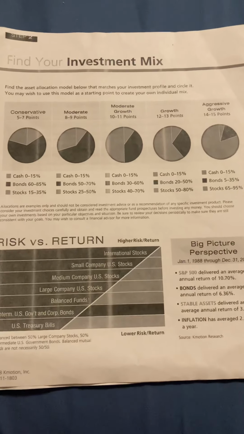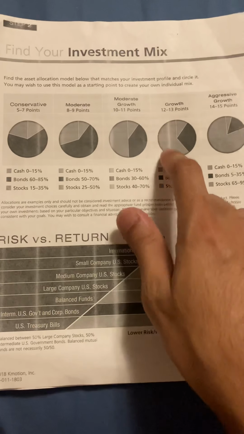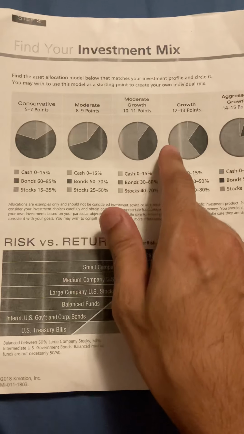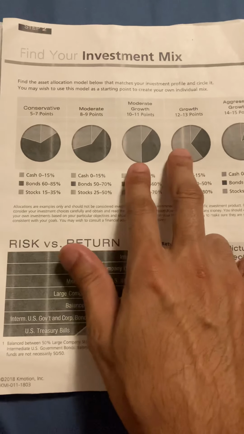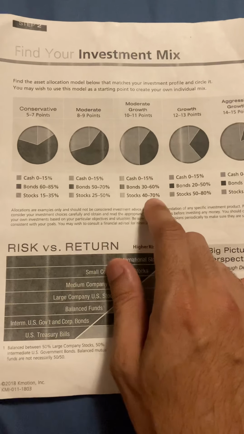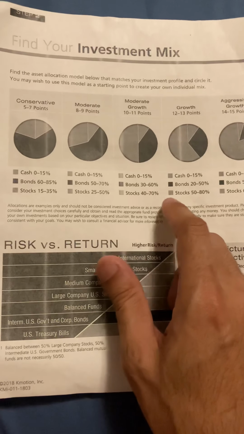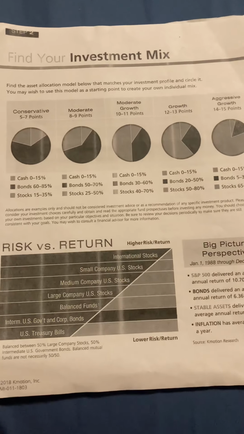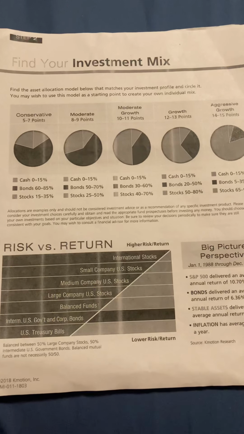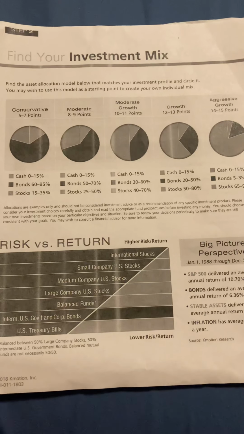So you take the quiz again and get a 12 now. Even though it says 40 to 70 and this one's 50 to 80, these 10% differences make a big difference. For people starting out that might not seem like much, but in reality it's a really big difference.